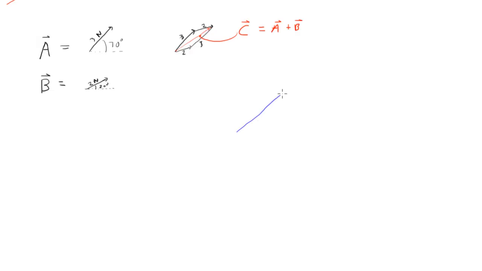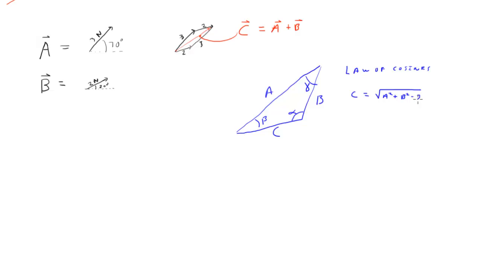So if I have an arbitrary triangle that has sides A, B, and C, and angles alpha, which is opposite A, beta, which is opposite B, and gamma, which is opposite C, we can write the law of cosines, which states that C squared is A squared plus B squared minus 2AB times cosine gamma.